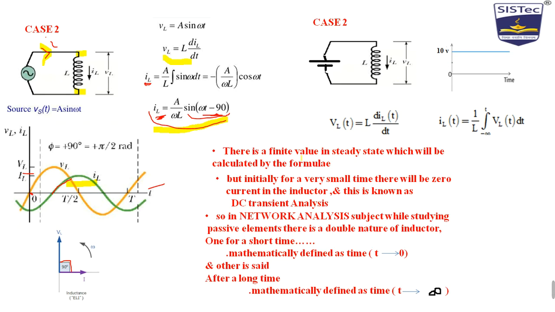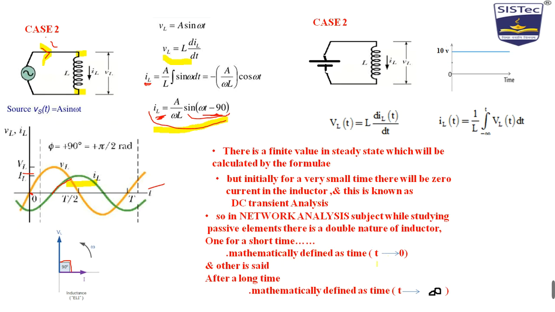If we say the source is applied for a short time, or the source is applied for a long time, what is the difference between them? Suddenly means a short time, and a long time is long. Then what is the mathematical way to represent this?